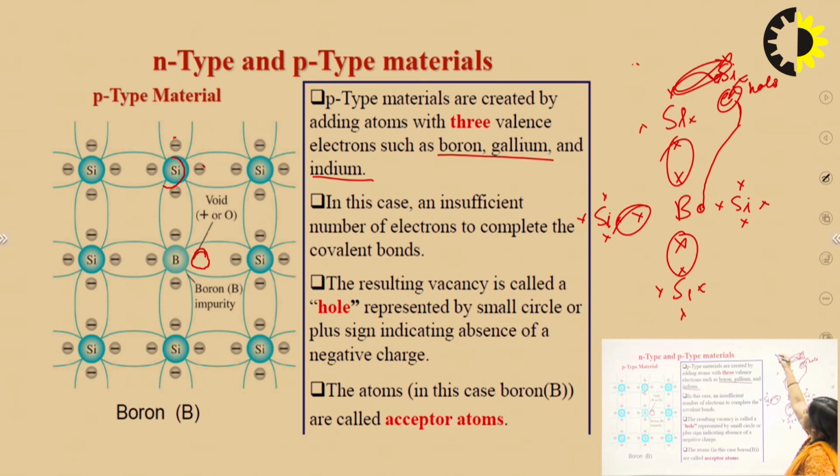Then another bond will break, an electron will come and occupy this space, and again a hole will be created. So we can see the electron is moving in this direction and the hole is moving in this direction.